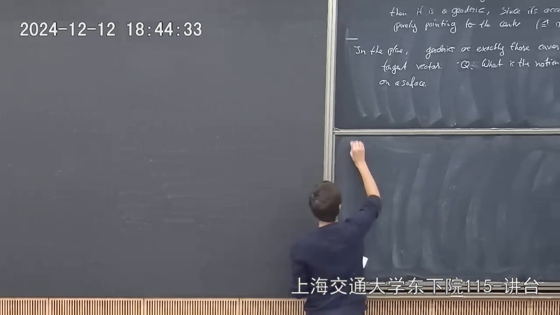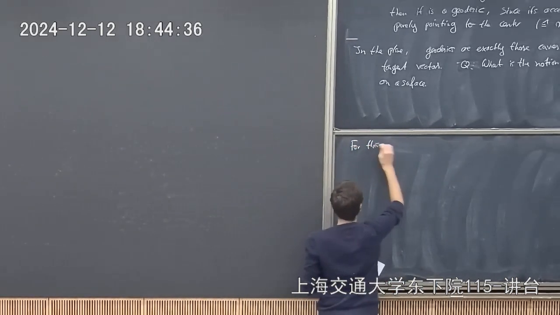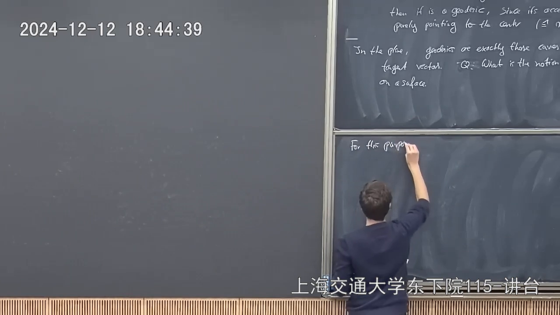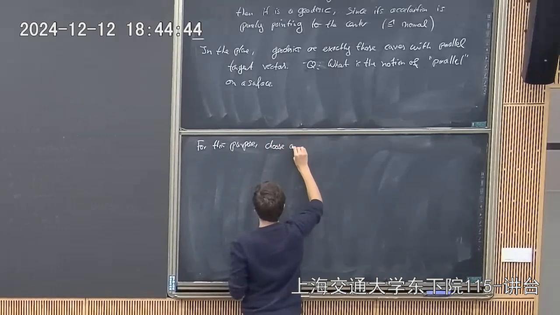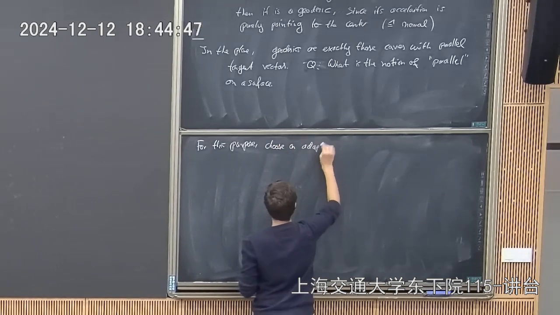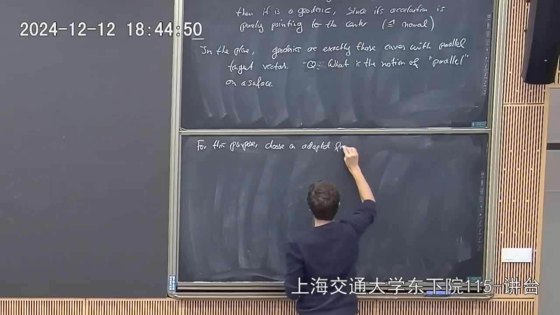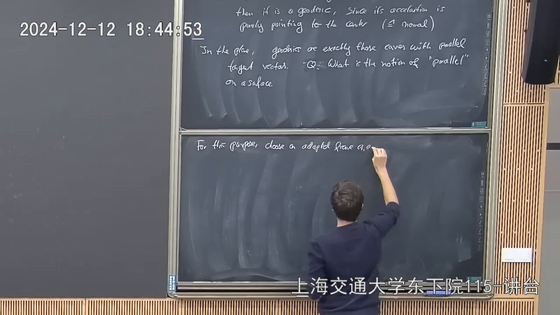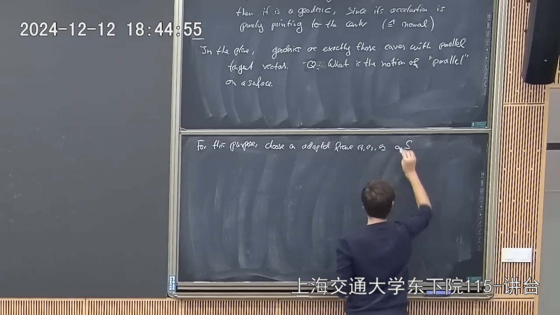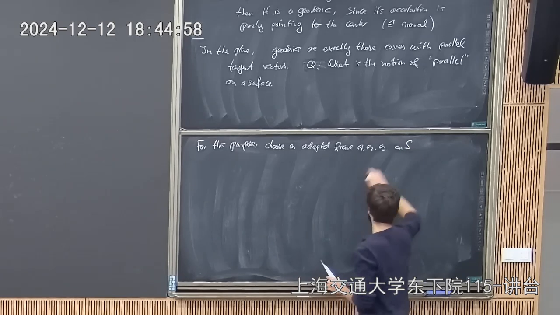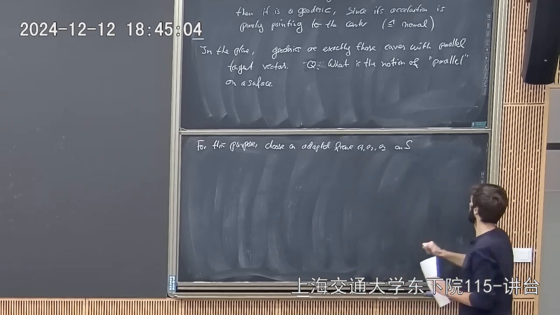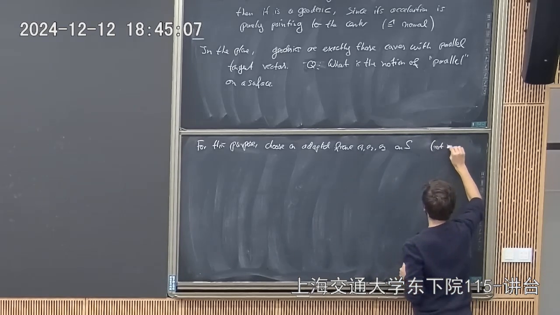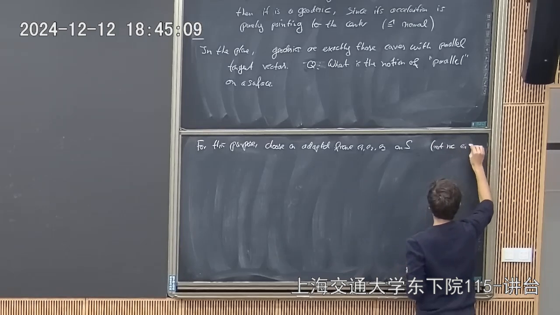So for this purpose, choose an adapted frame E1, E2, and E3 on S. And we don't require any connection between E1 and the tangent vector. So E1 is not necessarily parallel to C dot.